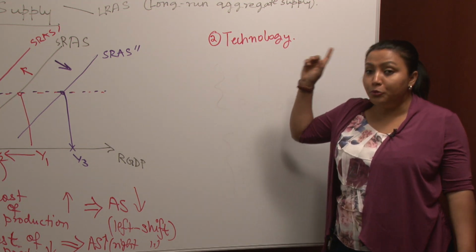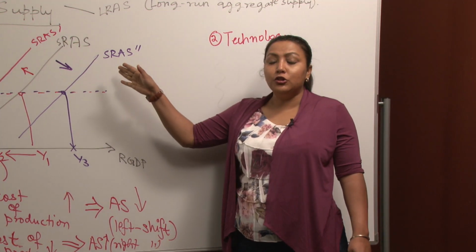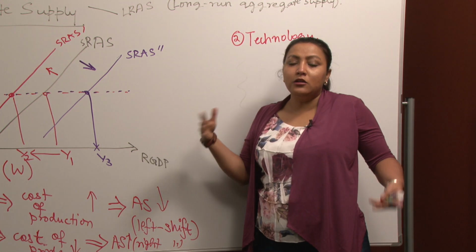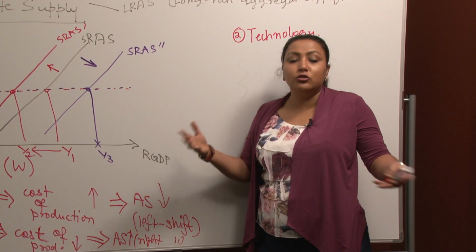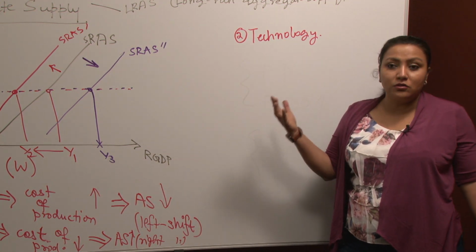Such improvements in technology will cause a right shift of the short run aggregate supply, because you all know by now that better technology leads to higher production. So that would shift the aggregate supply curve to the right, because aggregate supply is going up.